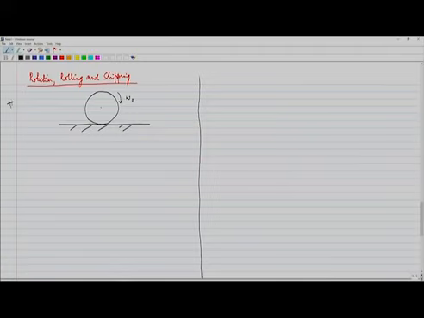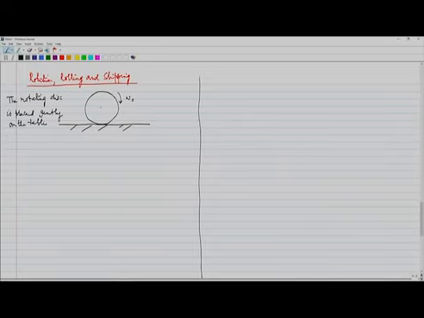The rotating disk is placed gently on the table.